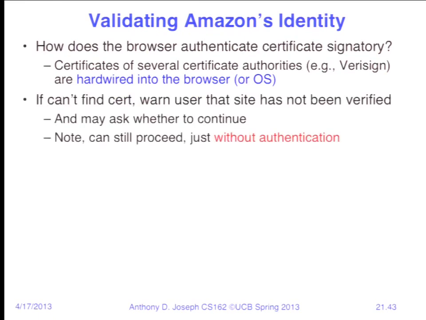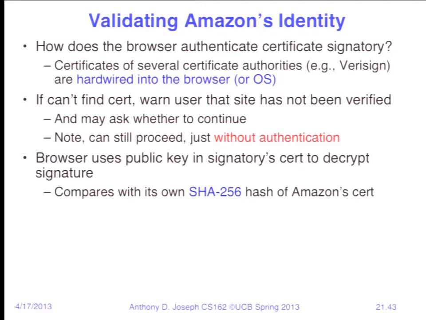Now, if we can't find one of these certificate authorities, if we can't find its key, we warn the user and say, we couldn't verify this certificate. What do you want to do? The user can continue on, knowing that this might be a fraudulent site, or they can quit and go somewhere else.